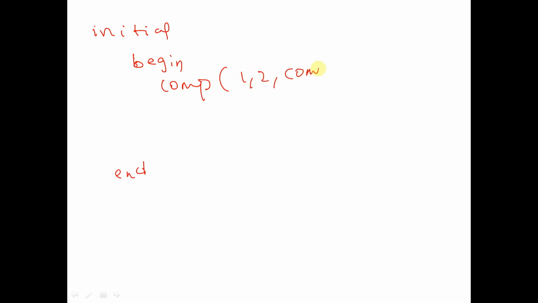Within an initial begin block, I will call this function comp and pass the values as 1, 2, and my output will be comp underscore output. Some register I will declare. So here observe, my comp underscore output will be equal to 2.